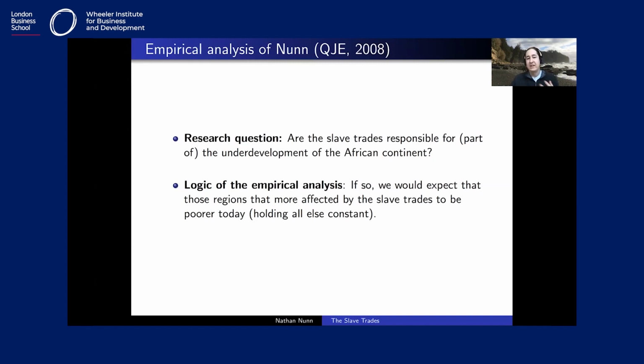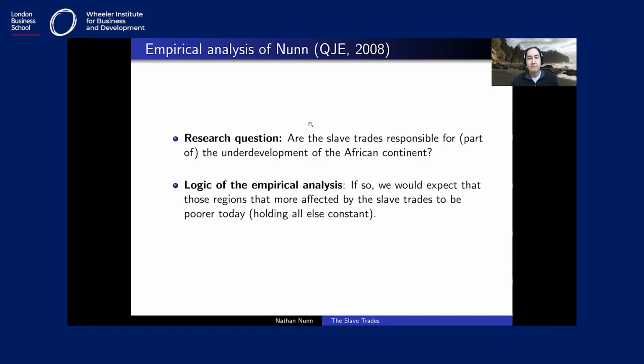And so the logic of the statistical analysis that I'll take you through is, if the slave trade did have these long-term detrimental effects which persist until today, then if we look within the continent, we'd expect that those regions that were more affected by the slave trades should be less developed or poorer today, by whatever metric you want to use, if it's GDP per capita, infant mortality, et cetera.